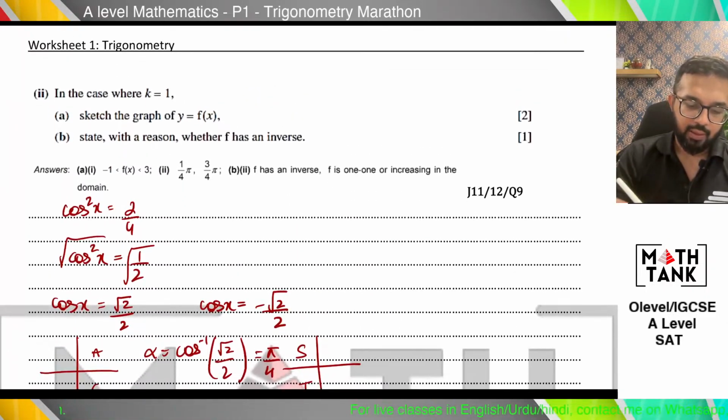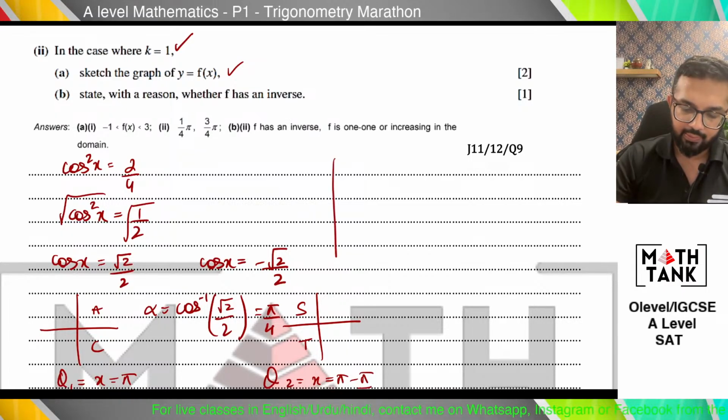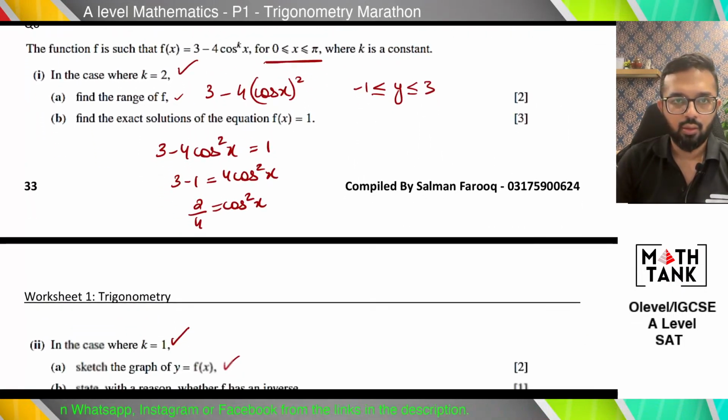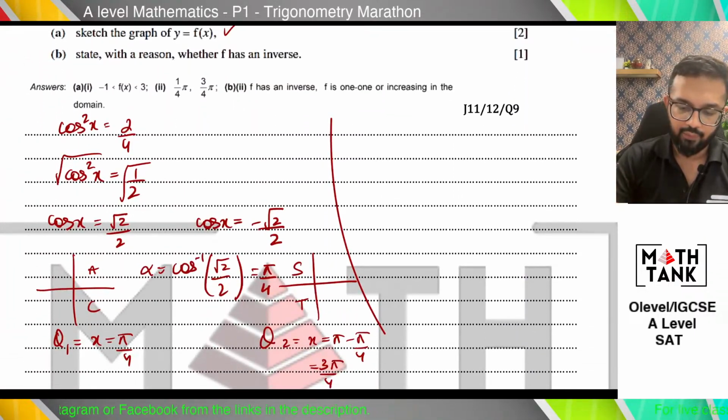Then in the case where k equals 1, sketch the graph of y equals f of x. So my function is going to be f of x equals 3 minus 4 cos x.